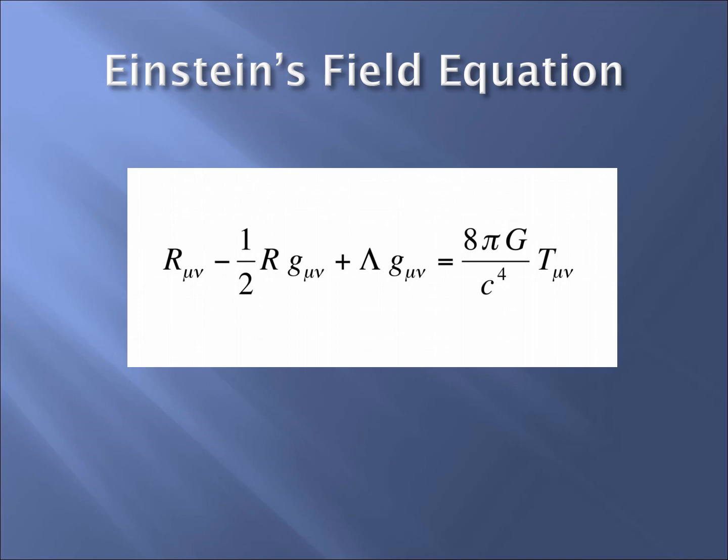On the right-hand side, we have the stress energy tensor, which is related to matter. Also, it has the gravitational constant G and the absolute light speed C on the right-hand side. We can derive a similar equation by Yangton and Yington theory in the next slide.